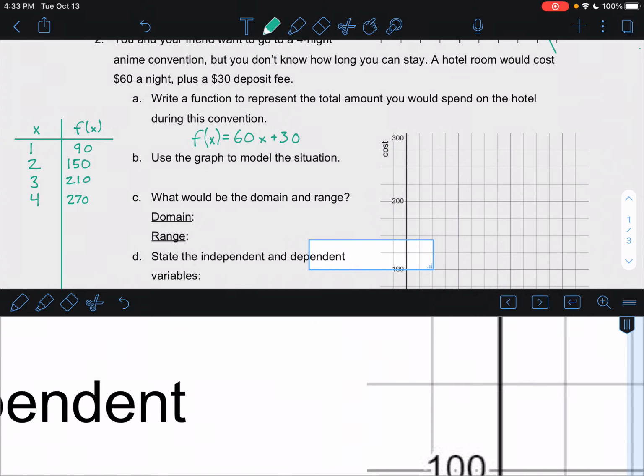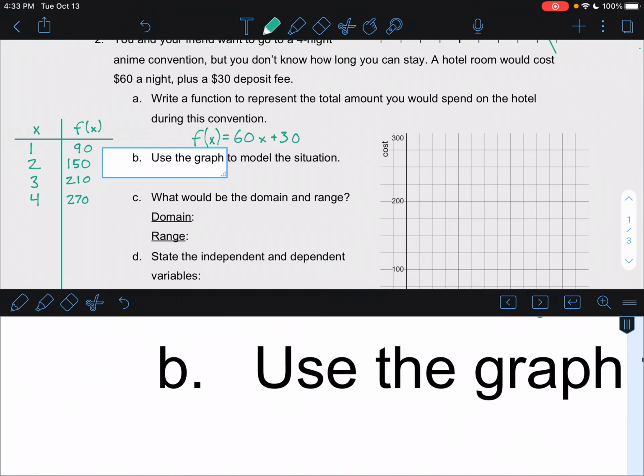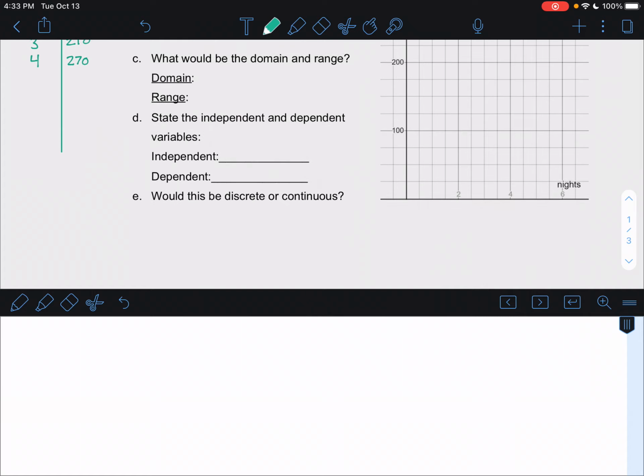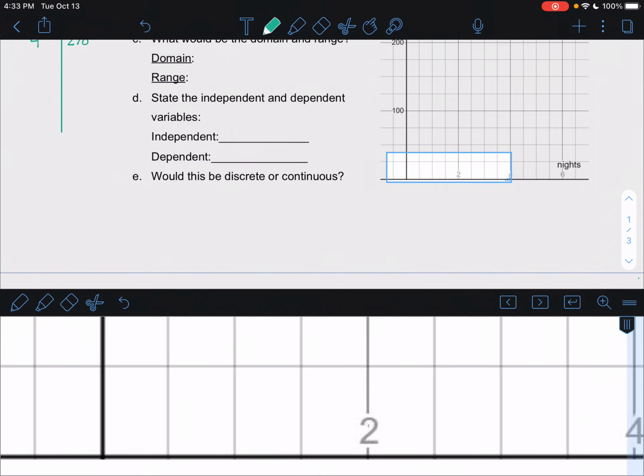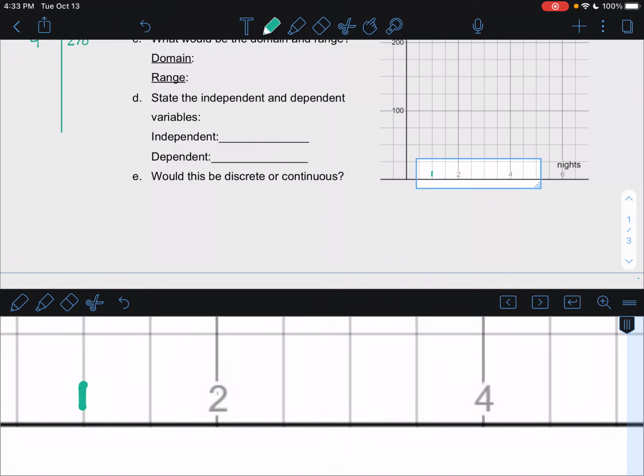So these are the points that I'm going to plot for part B. It says use the graph to model the situation. So I'm going to plot, and I know that we have to go approximate here. Let's remember that this x-axis is counting by halves.